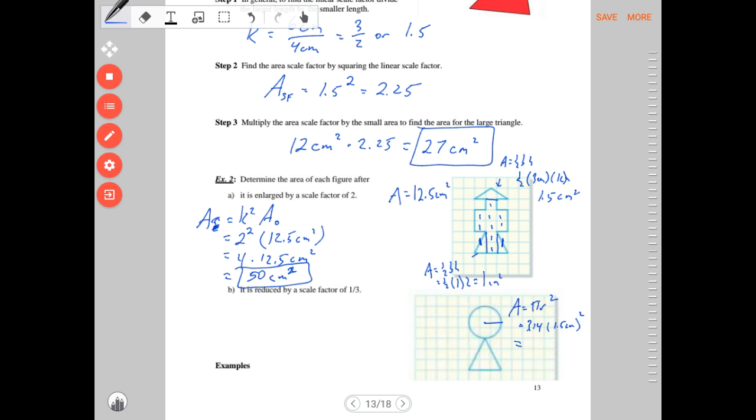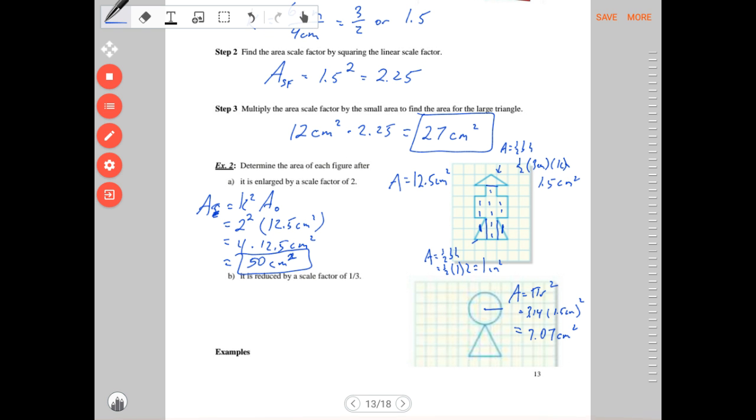I'm going to use the pi button on my calculator, and I get an area of the circle of 7.07 centimeters squared. And then, of course, the triangle: area equals 1/2 base times height. The base is 1, 2, 3 centimeters, and the height is 1, 2, 3 centimeters.